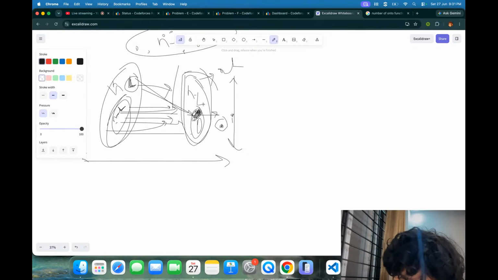So you have total, which is n power m. Let this be m. Total is m power n, minus one of them being empty, mC1 times (m minus 1) whole power n, plus mC2 times (m minus 2) whole power n, and so on.